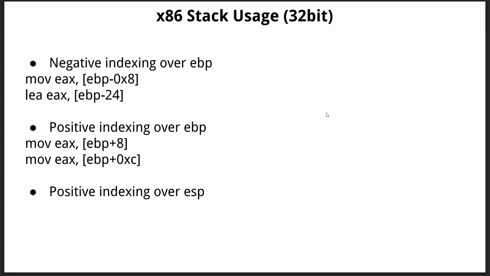The value at EBP minus 0x8 is going to EAX. Yes, but semantically, what are we doing? Some sort of local variable. Yes, we're loading some kind of local variable from memory to register. Then how about the next one? Load effective address, EAX, bracket EBP minus 24.